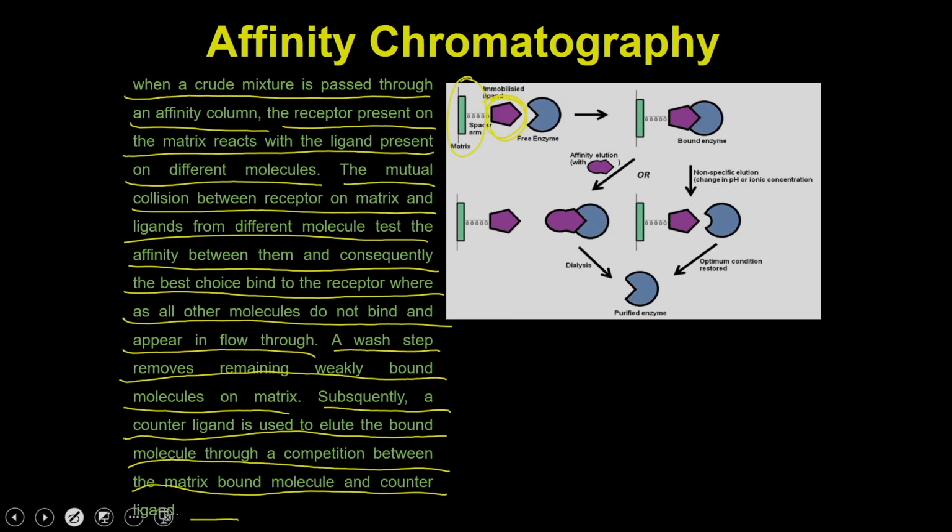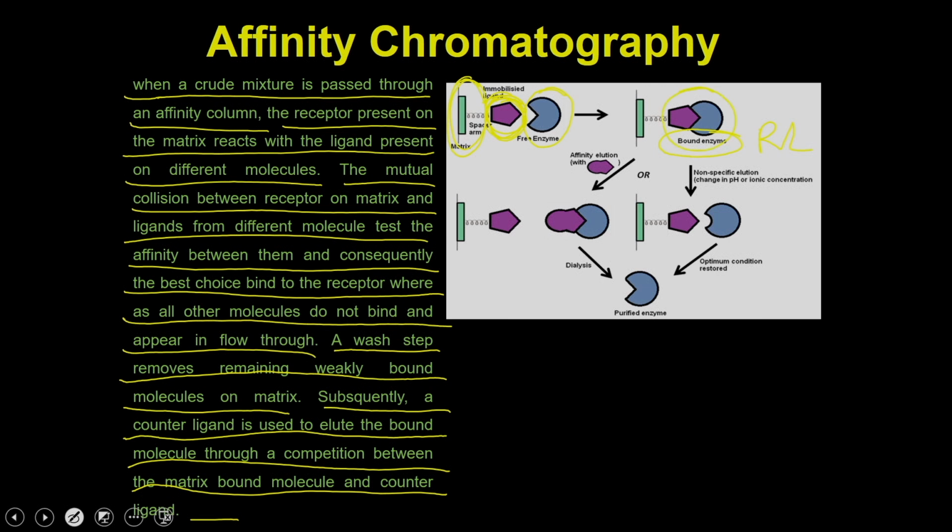So, for example, in this case we have taken a matrix and coupled the ligand. This ligand has an affinity for the enzyme, which is going to serve as a receptor, so it forms the receptor-ligand complex.